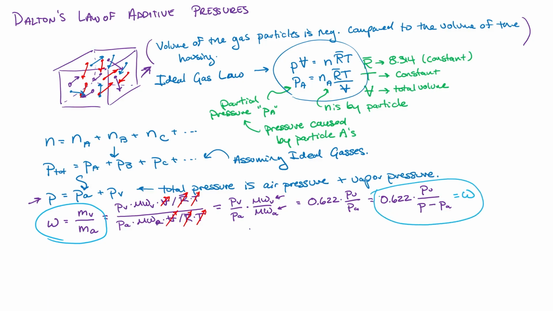This is our calculation equation. If we want to calculate omega, we can calculate it with this guy right here. I do have a typo in this equation. This should be minus PV, because I plugged in for PA.